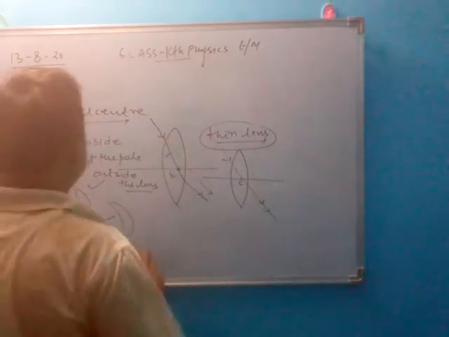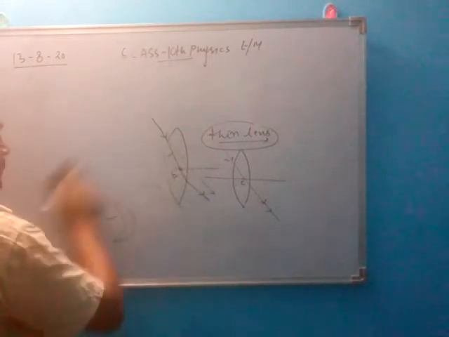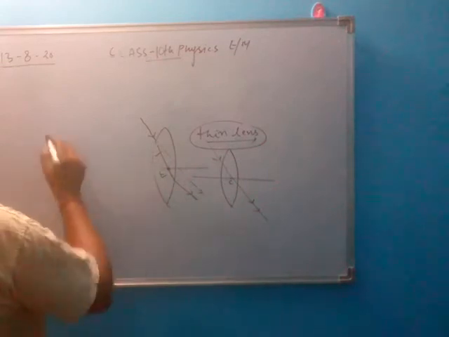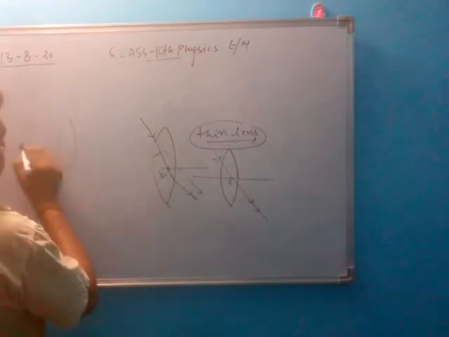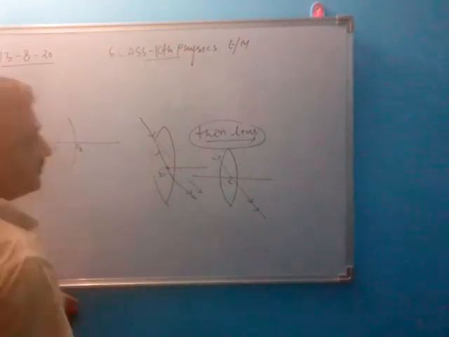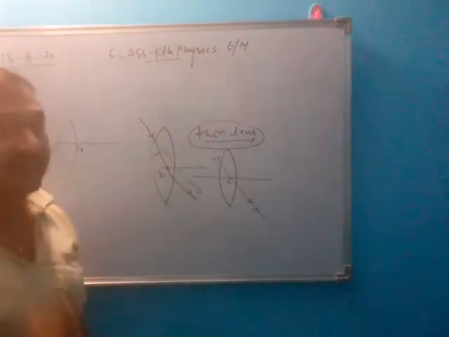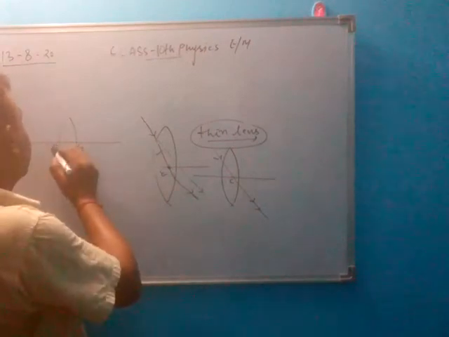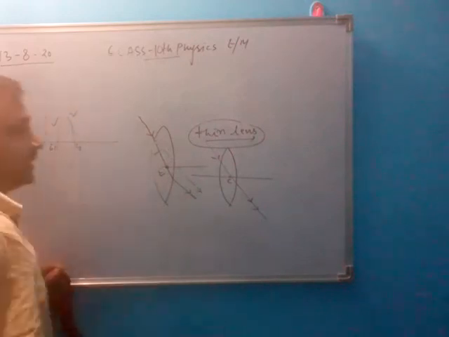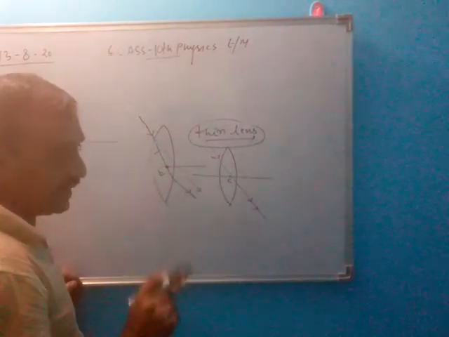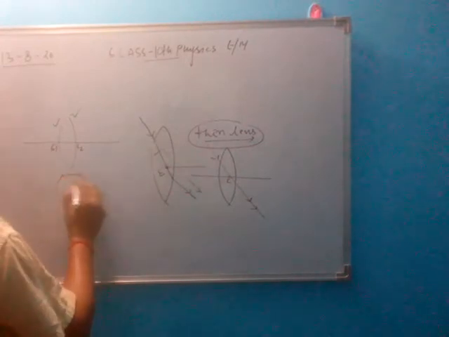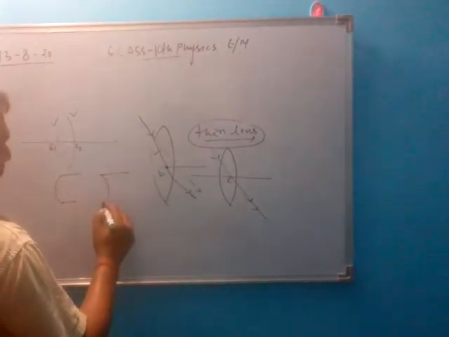And again we discuss that phenomenon. This is a lens, and C1 and C2 are the centers of curvature of both the curved surfaces in the lens, because the lens is made by two curved surfaces, this surface and this surface.